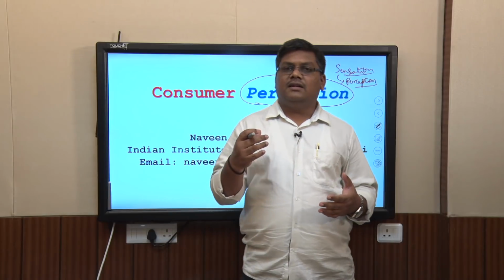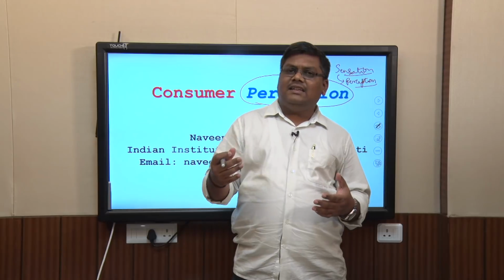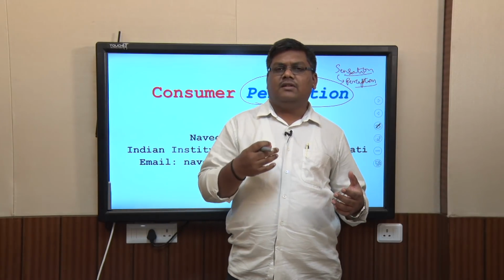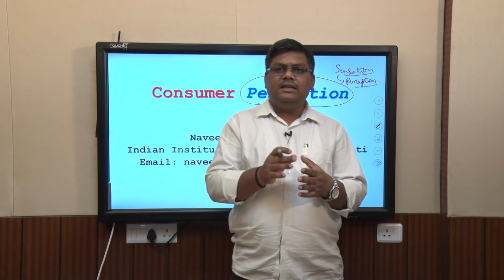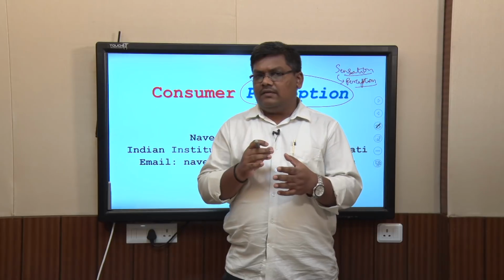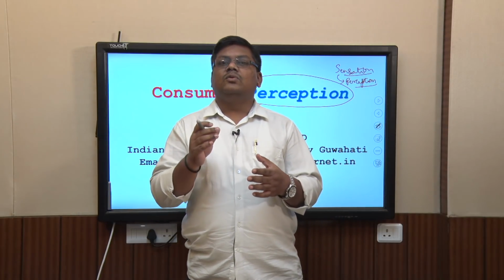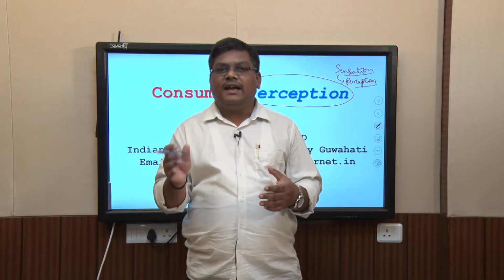So we have temperature, we have pressure, we have light waves, so photons, we have air pressure, so sound waves, and these are the things that are there in the external environment.